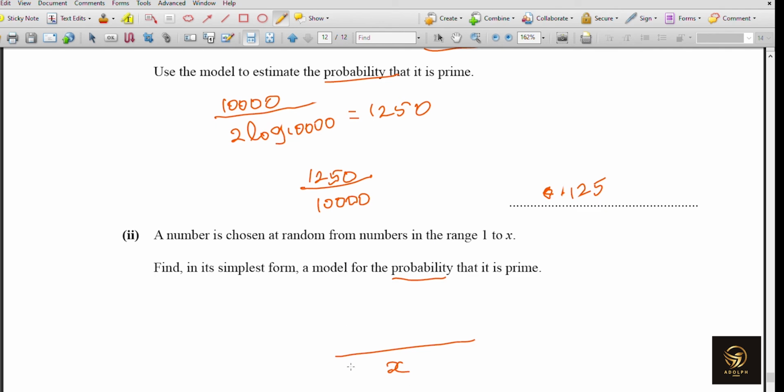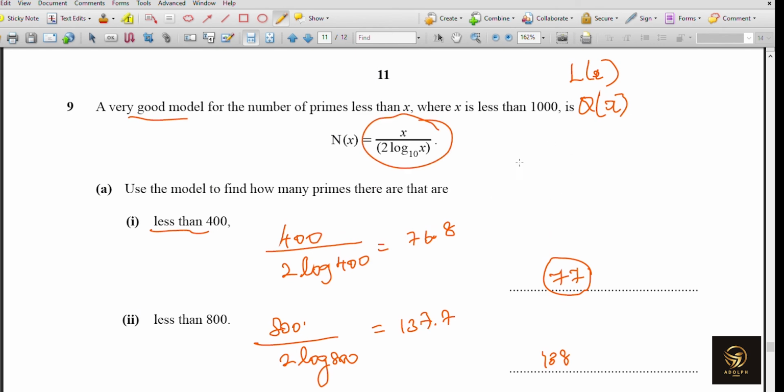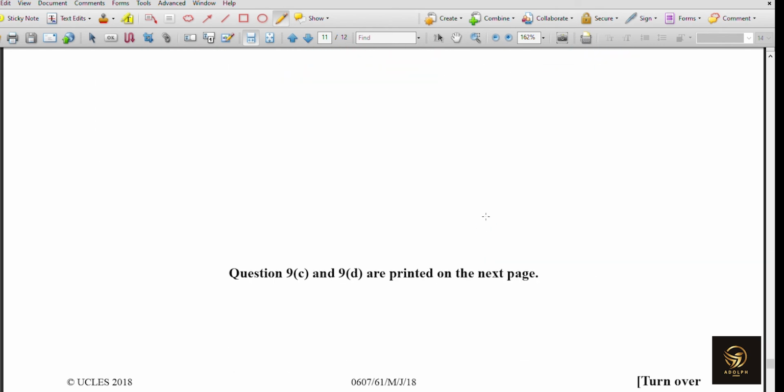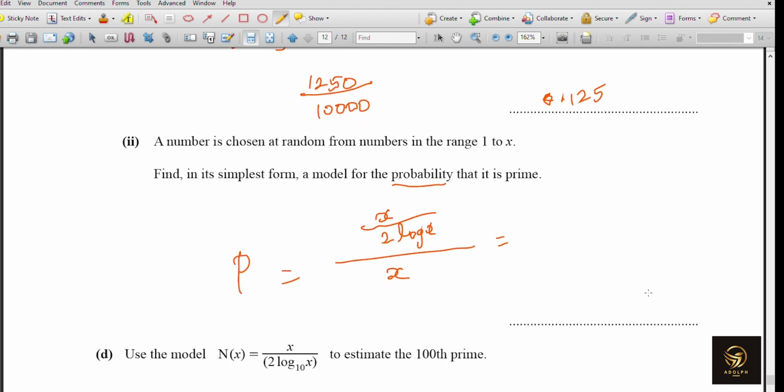The numerator is the model we are using, x divided by 2 log x, log base 10 is not required. Here you can combine both denominators: it's x times 2 log x, and x gets cancelled, so the simplified answer is 1 divided by 2 log x.